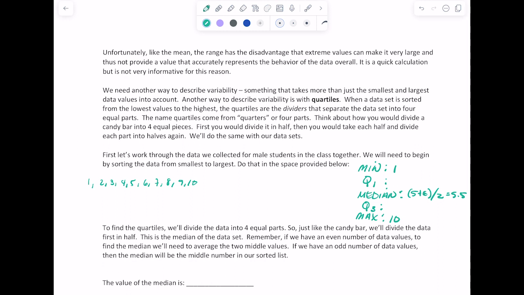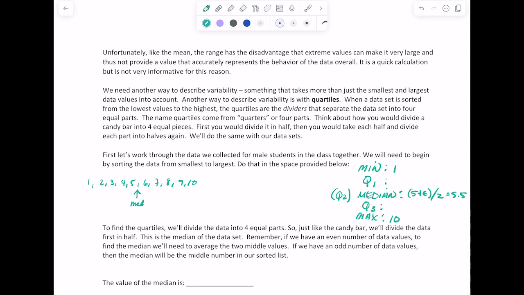Right here is my median, which by the way, is also known as Q2, or the second quartile. So what I want to do now is find the first quartile.